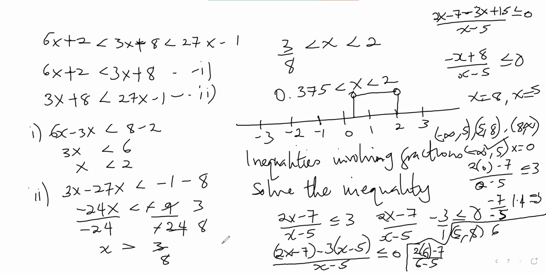We want to check whether it is less than or equal to 3. 2 times 6 is 12. 12 minus 7 is 5. 6 minus 5 is 1. Is it less than or equal to 3? No, it is not. So our x is not in this range because it does not satisfy our inequality.